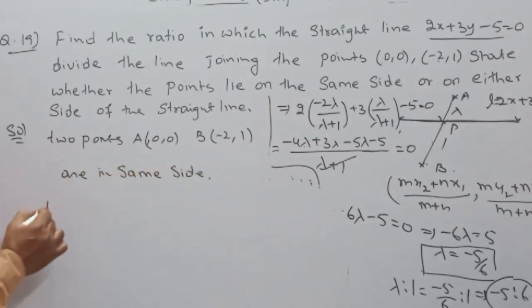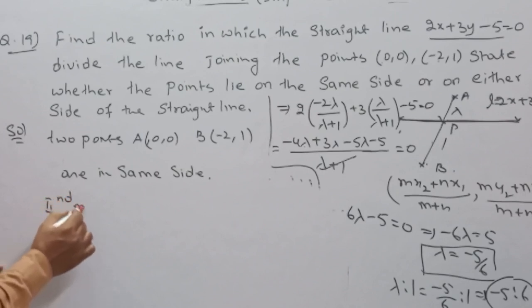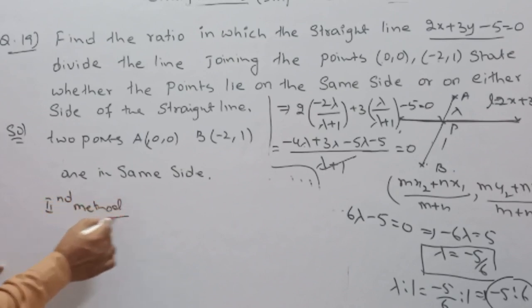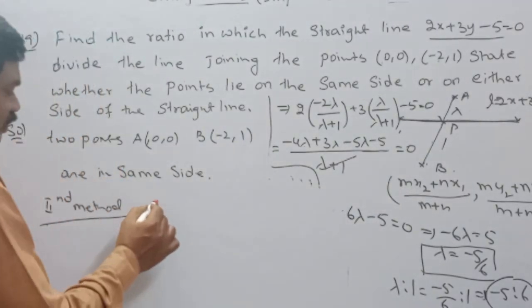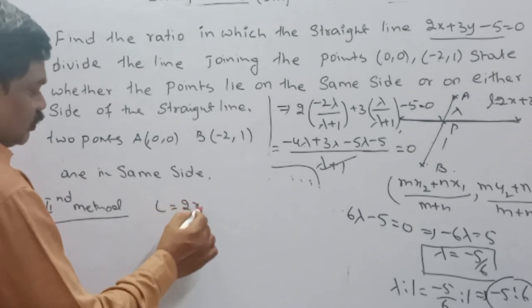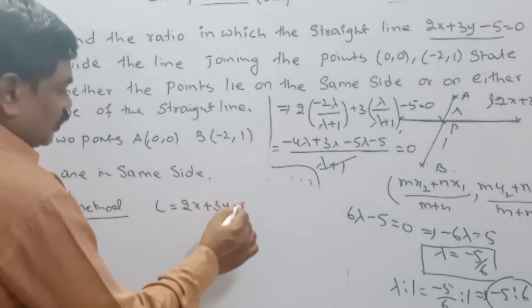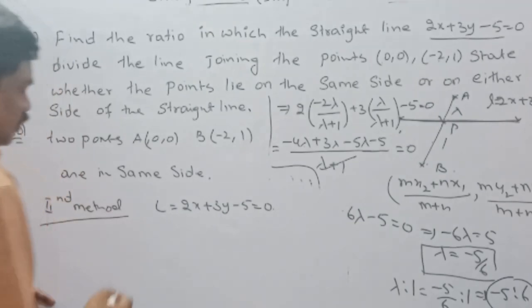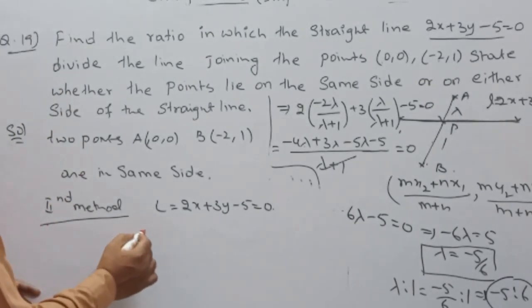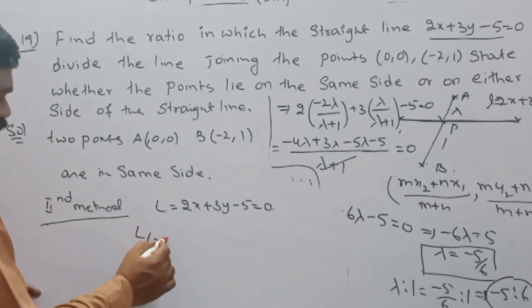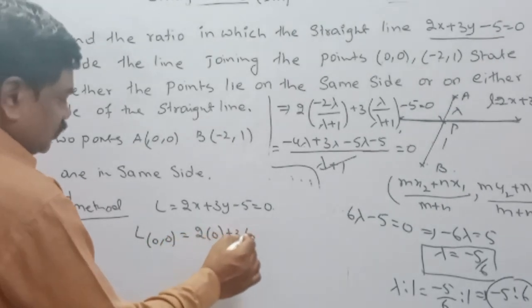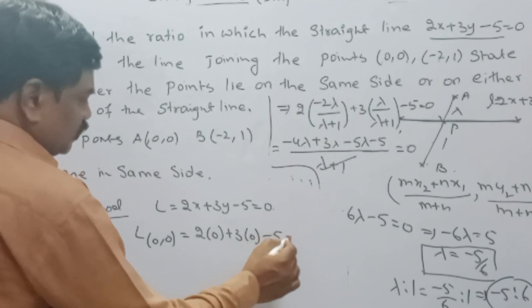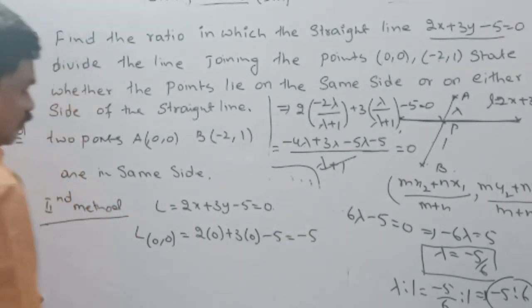Or you can use a second method to find whether these 2 points lie on the same side or not. Let the line L be 2x plus 3y minus 5 equal to 0. L of 0 comma 0 you find, that is 2 into 0 plus 3 into 0 minus 5, which equals minus 5.